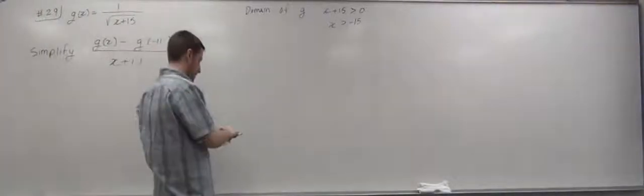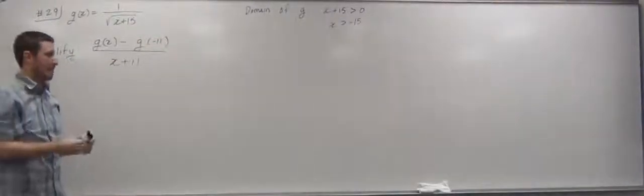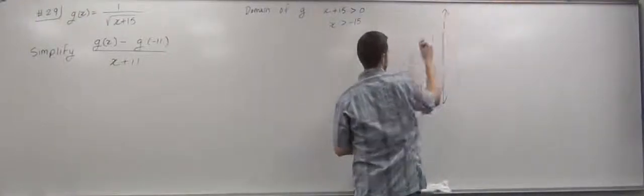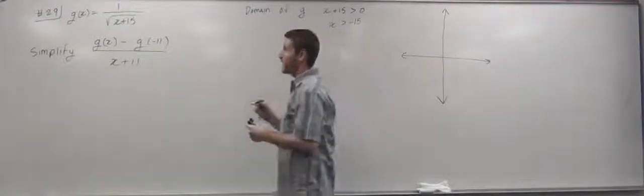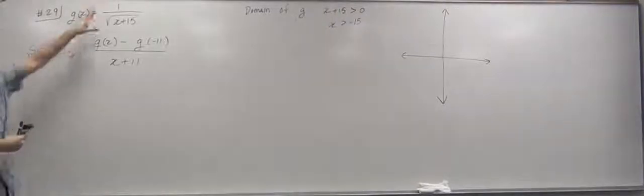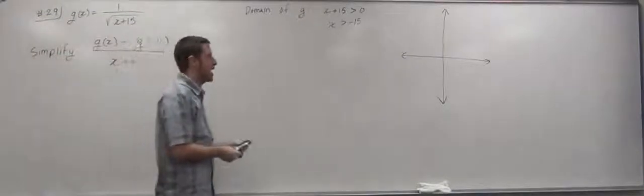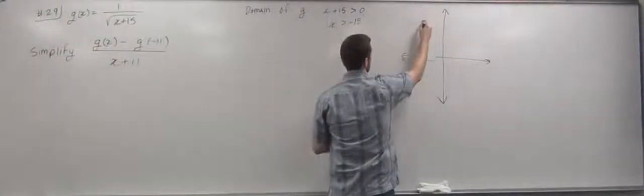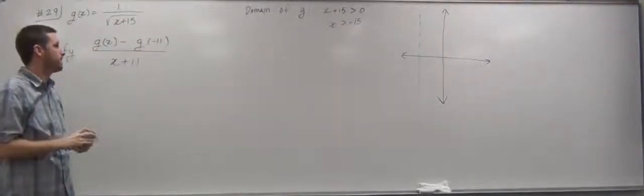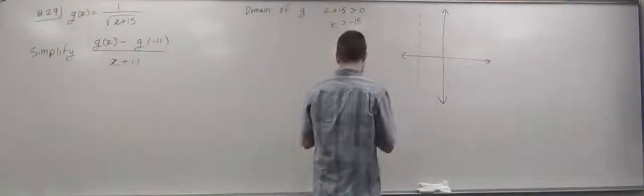Which is fine. And actually, at negative 15, do you know what behavior I have? What happens when your denominator is 0? You're going to have a vertical asymptote. Yeah, the function's undefined, fine. But more than that, you're going to have a vertical asymptote. Right? If your function's simplified and the denominator is 0, you're going to get a vertical asymptote there. So actually, at negative 15, I have some sort of vertical asymptote.